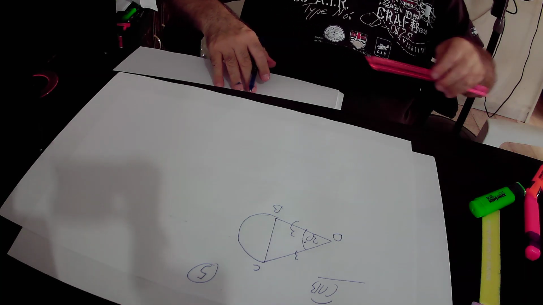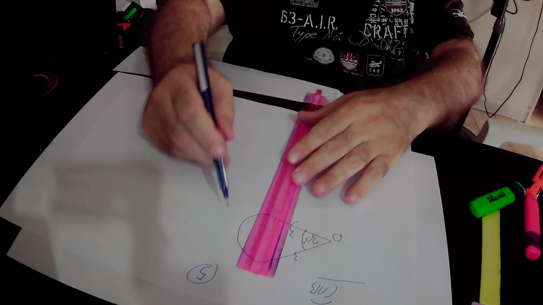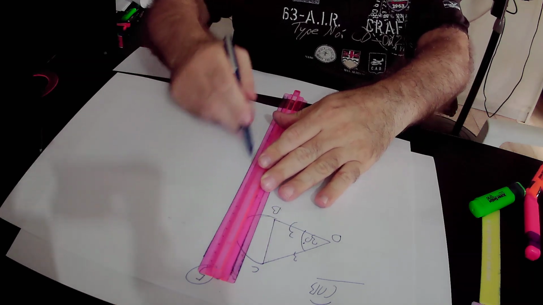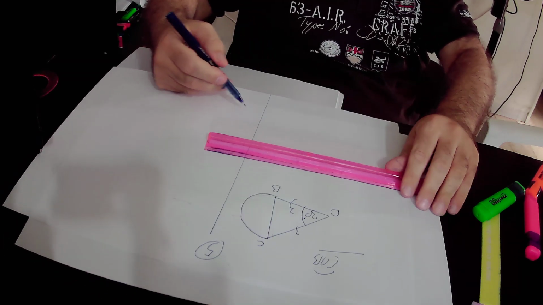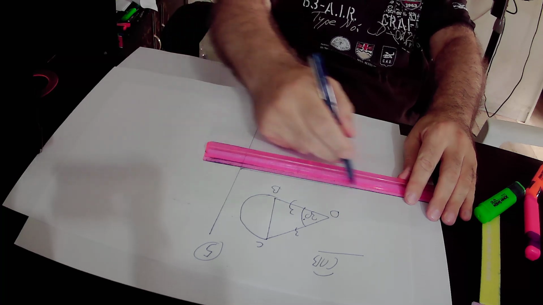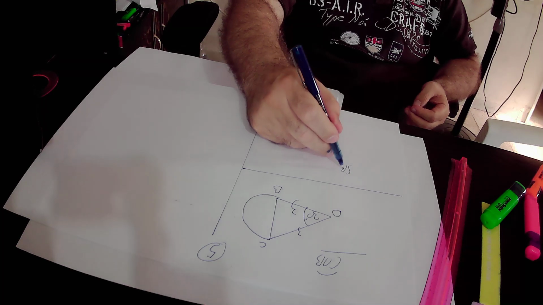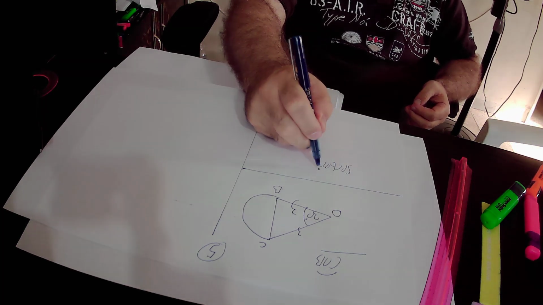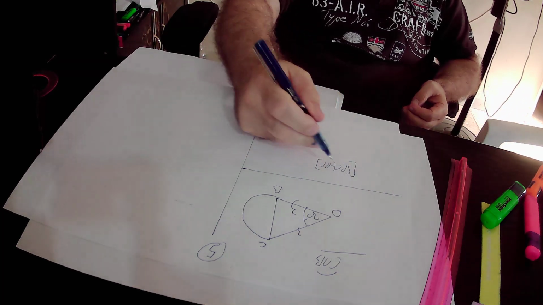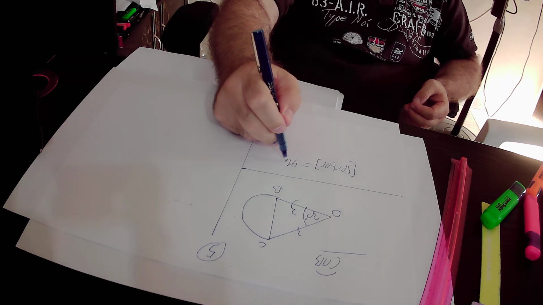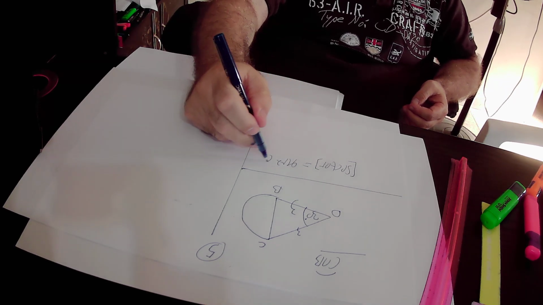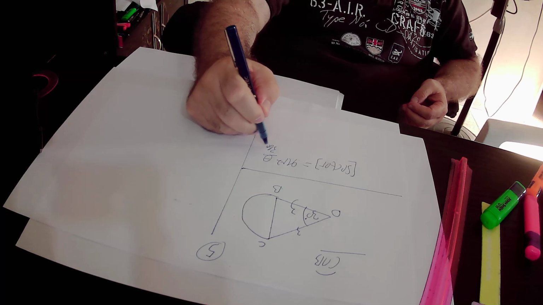According to the new formula, we know that the area of any sector is equal to pi r squared times theta over 360 degrees.